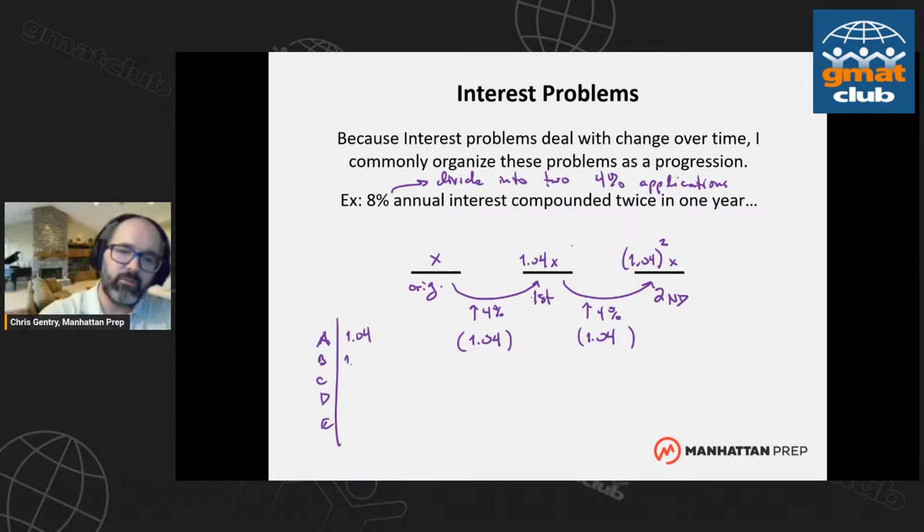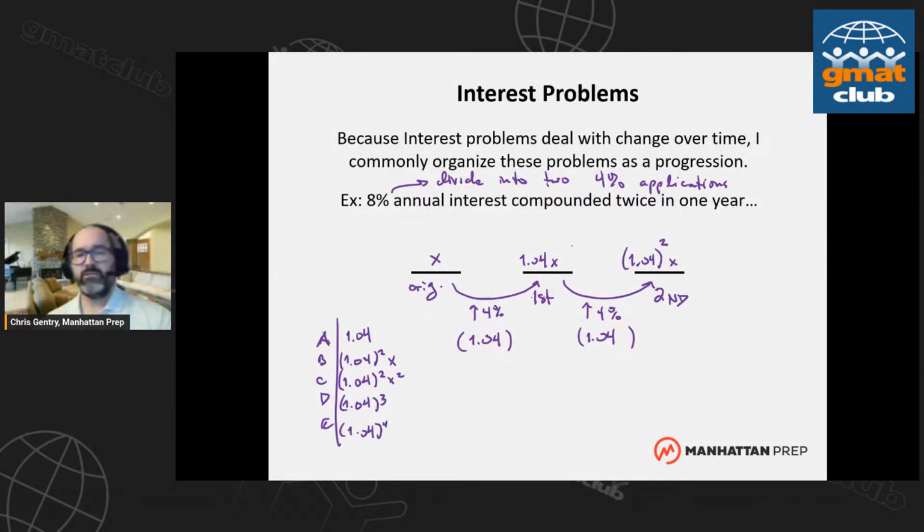You might have two that have 1.04 squared with some x's, one like 1.04 squared with an x squared, 1.04 cubed, and then 1.04 to the 4th. Just by our knowledge of how compound interest scales, knowing that with 2 compoundings you're going to get a second power relationship, you already know that only choices B and C could be possible. And so you can do a lot of good work that way.